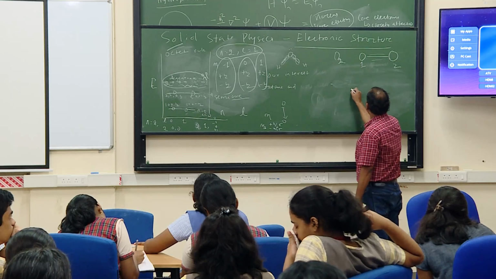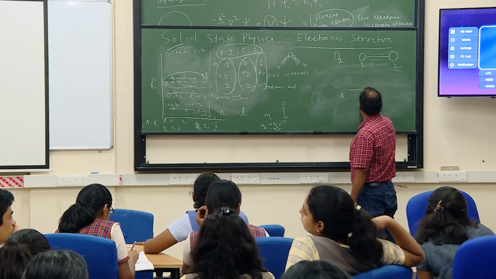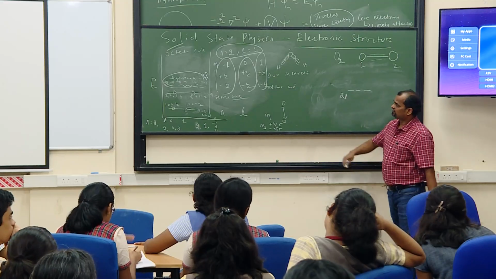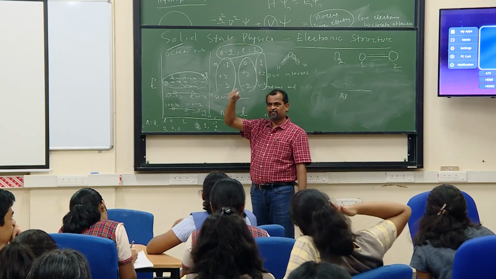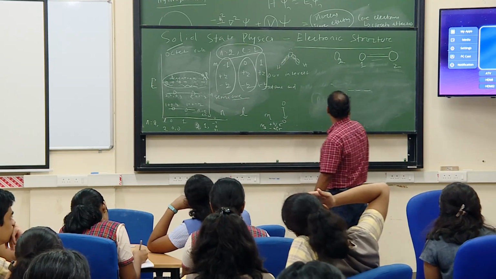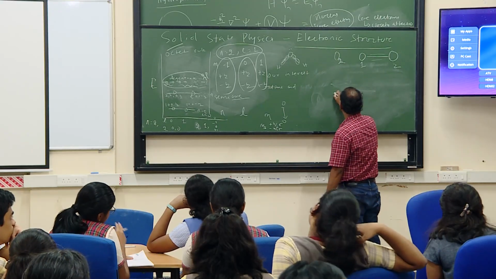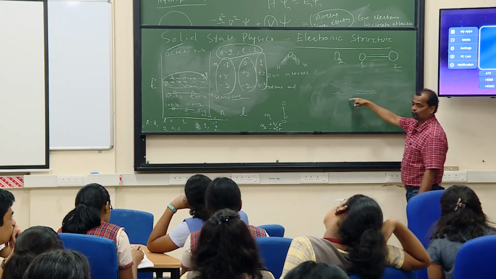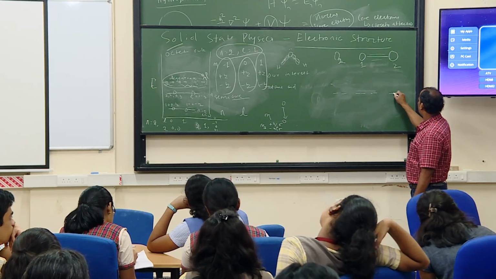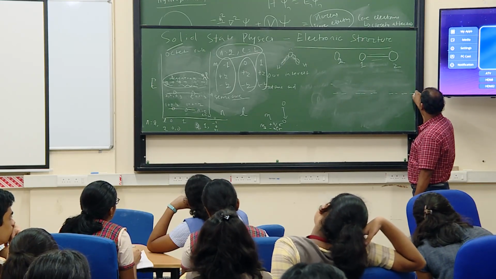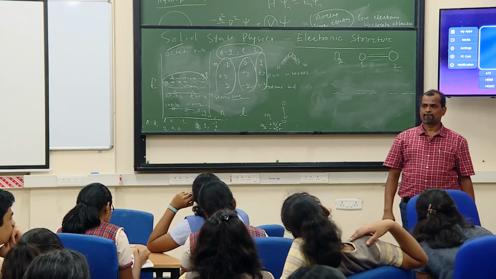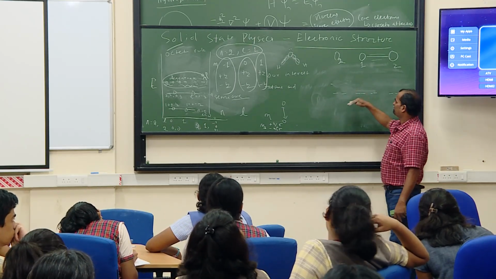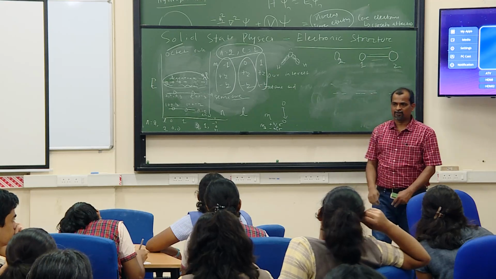So take the 2p states: three possible states with spin degeneracy, right? This is from oxygen 1, this is from oxygen 2. For both of them, these are identical orbitals and energy structures.